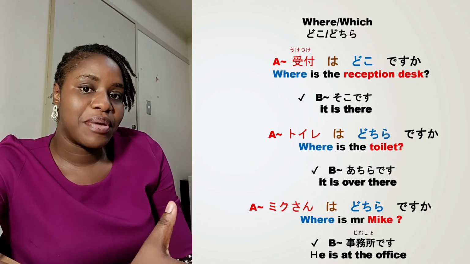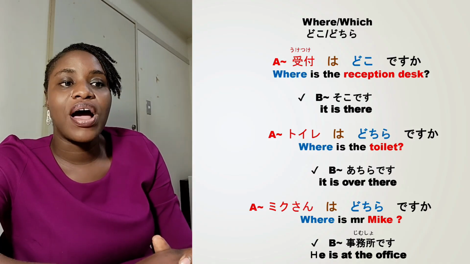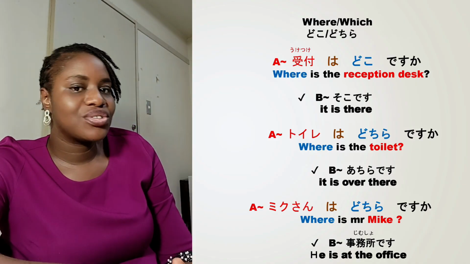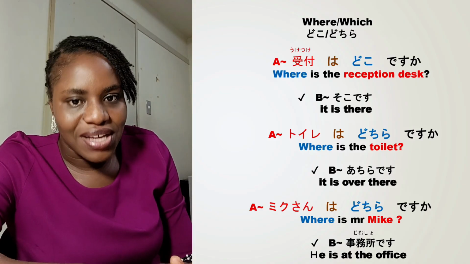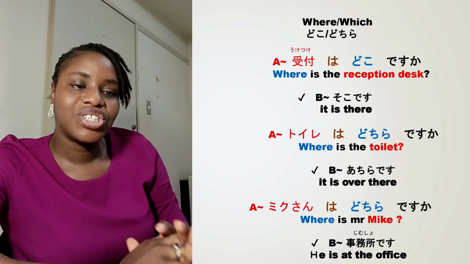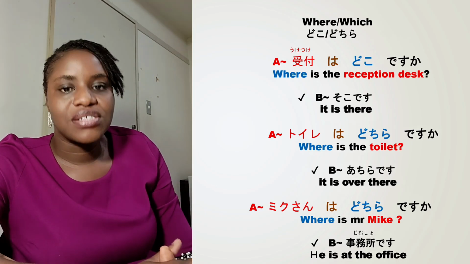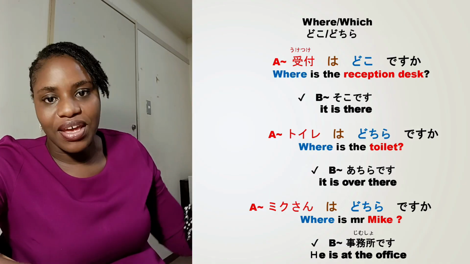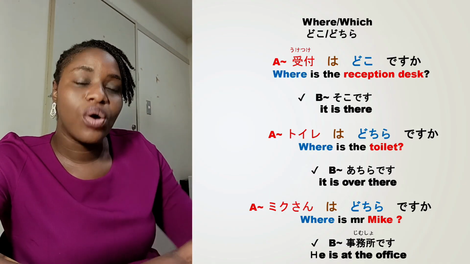Let's say I'm not asking my mates and I want to be polite, or you're just meeting this person for the first time. You can't just go and ask them, toire wa doko desu ka? Preferably, toire wa dochira desu ka? Where is the toilet? And the person can answer, achira desu. It's over there.